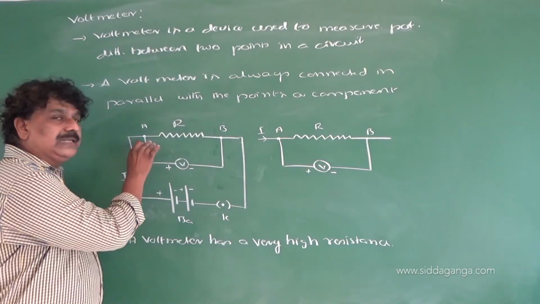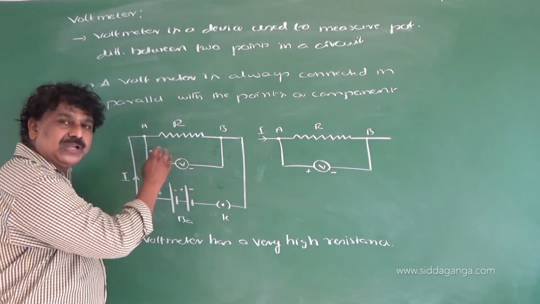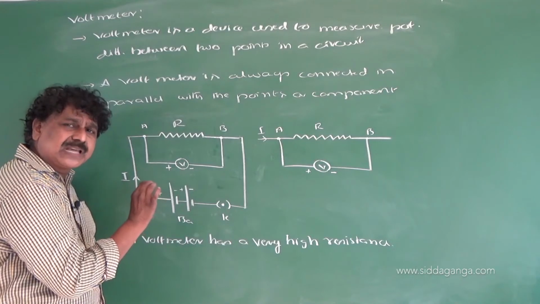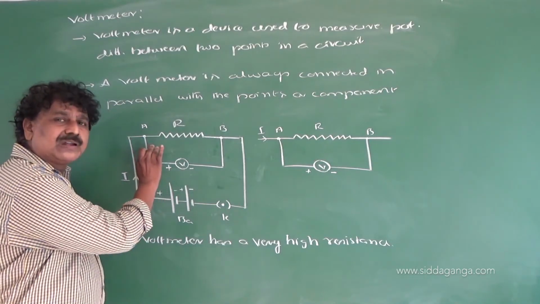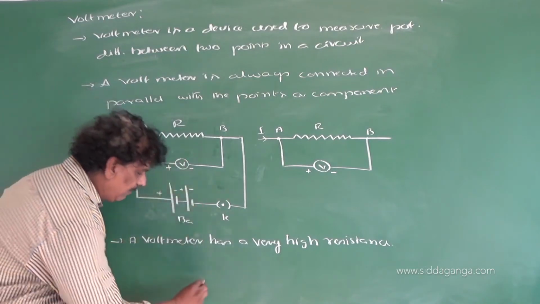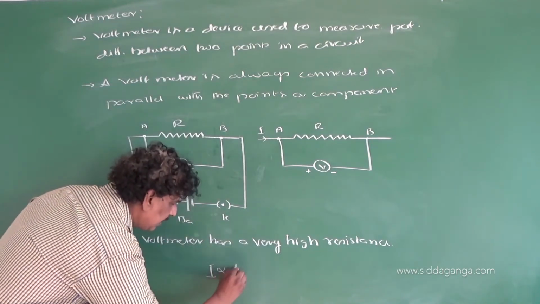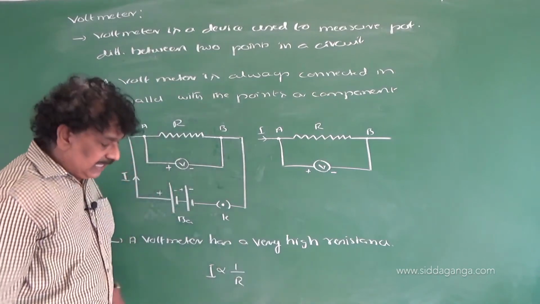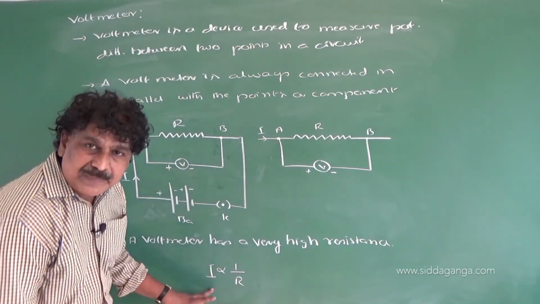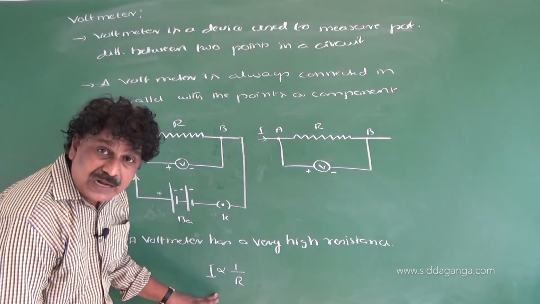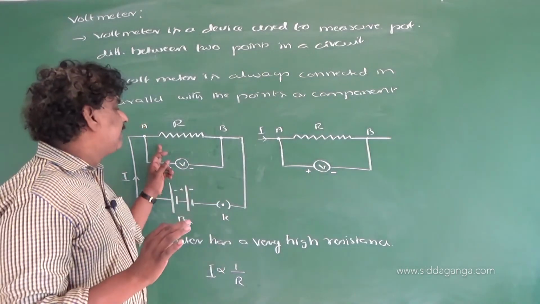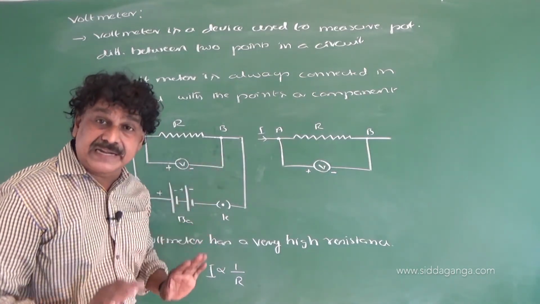Therefore, the voltmeter should draw very small current from the circuit, so that it should not alter the value of potential difference, right? As we have I is proportional to 1 by R. If the R is very high, the current flowing through the voltmeter is very small, so that it does not alter potential difference between 2 ends of the conductor.